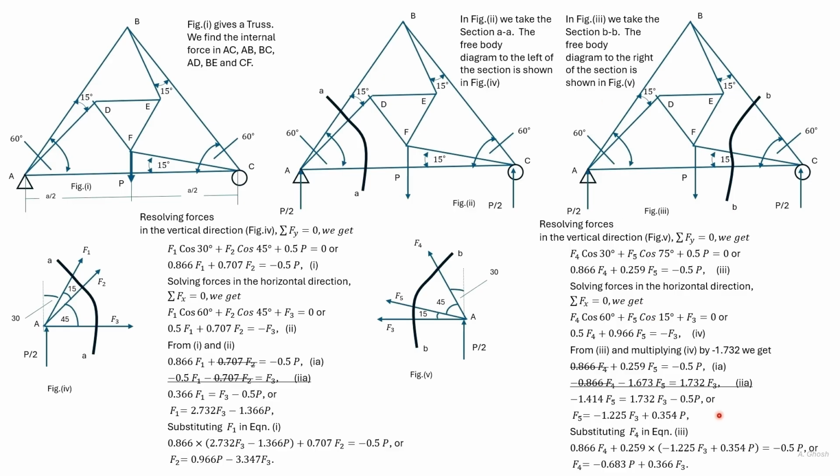Solving the simultaneous equations, we get F5 in terms of F3 and P. Now we have obtained F5 and we put it back in equation 3. Then we get F4 in terms of F3 and P. So now we have got the forces in four members, AB, AD, BC and CF in terms of the force in AC, which has been designated as F3.